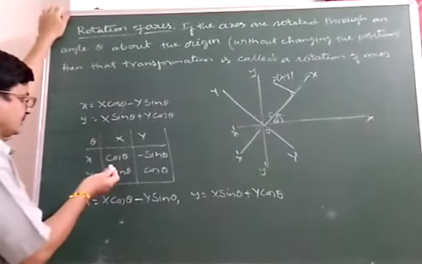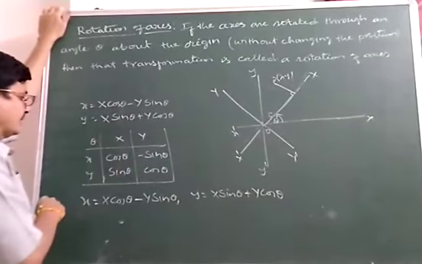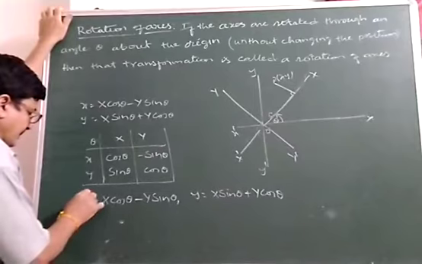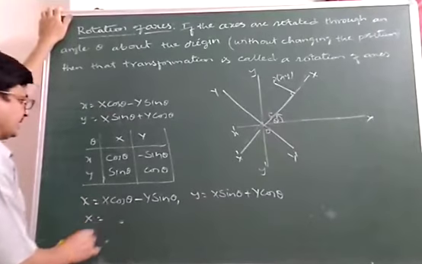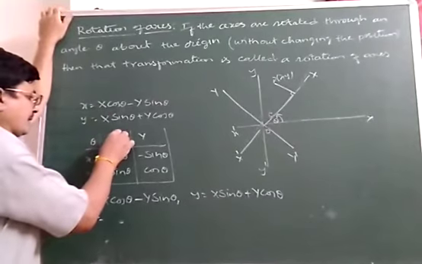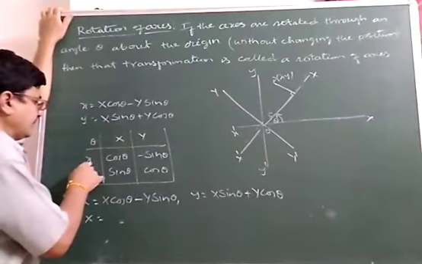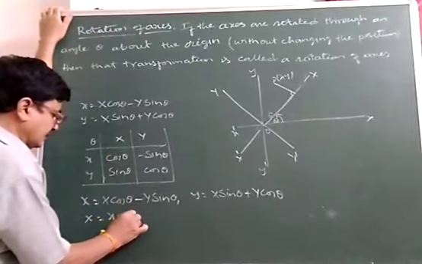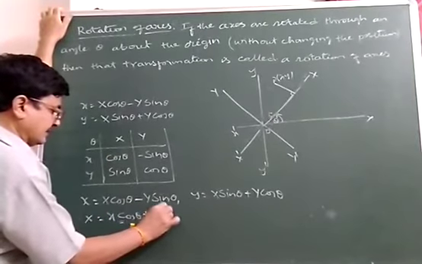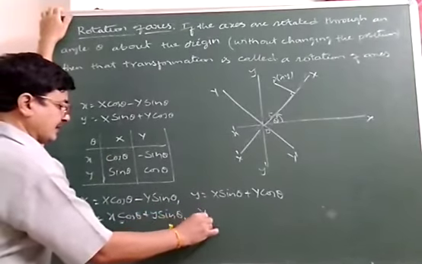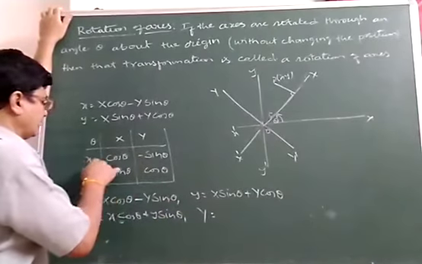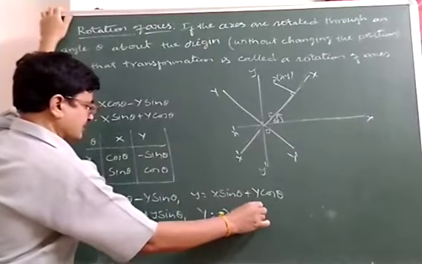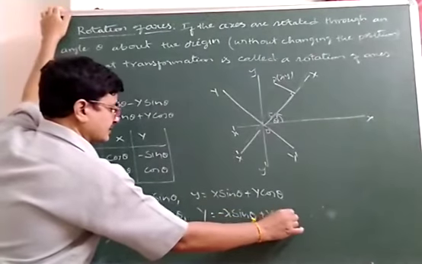Similarly, if the axes are rotated through an angle theta about the origin, capital X can be written as small x cos theta plus small y sin theta, and capital Y changes as minus x sin theta plus y cos theta.